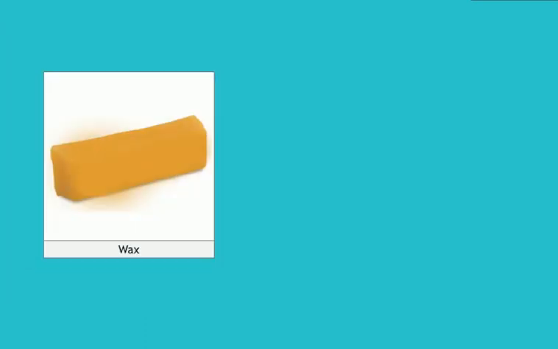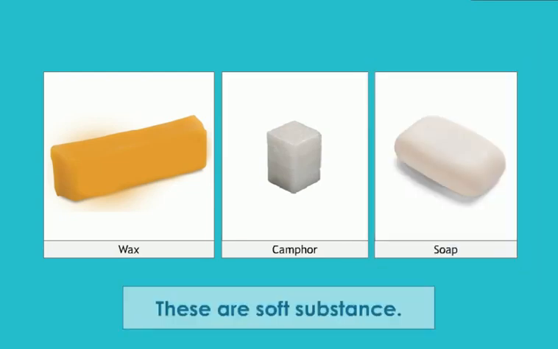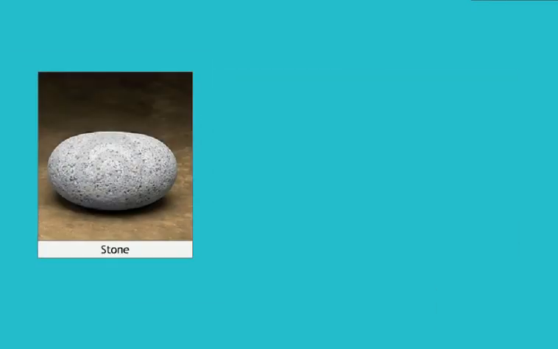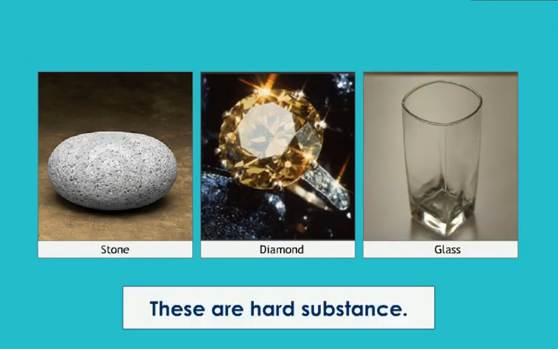Wax, camphor, and soap are some examples of soft substance, and stone, diamond, and glass are some examples of hard substance.